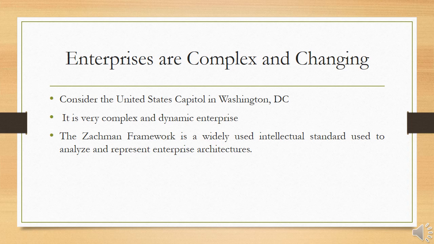The US Capitol is one complex building in a very complex dynamic enterprise. To represent this complexity in a meaningful way, you need an enterprise architecture framework to guide your analysis. The Zachman Framework is a widely used intellectual standard to analyze and represent enterprise architectures.